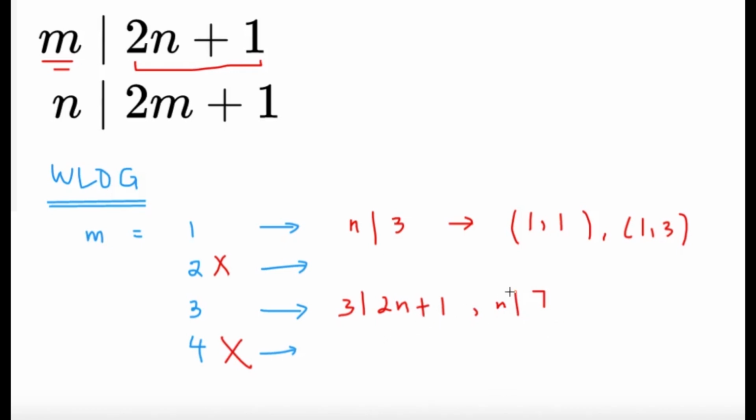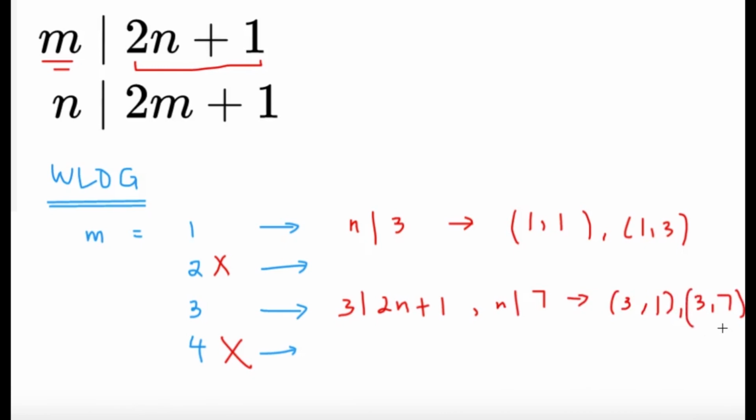We can easily verify that if n equals 1, this is 3, so 3 divides 3, that's correct. And if n equals 7, this becomes 15, and 3 divides 15, so that's also correct. So n can be both 1 or 7. With this, we get that (3, 1) and (3, 7) are both possible.